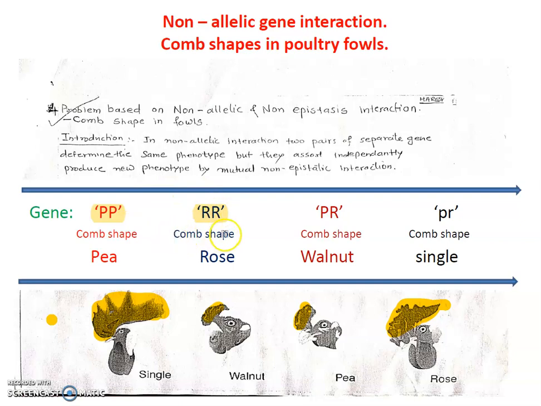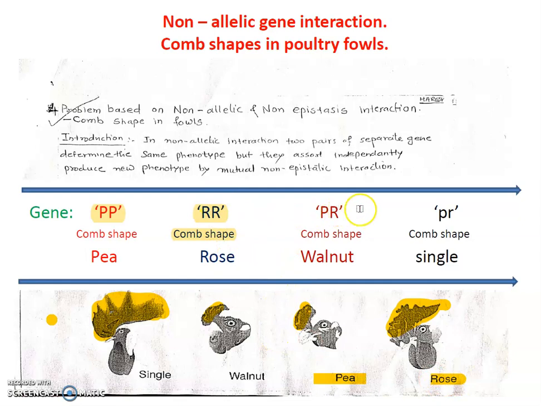If only P gene is dominant, at that time the P type of comb shape develops, this one. And if only R gene is present and P gene is in a recessive form, at that time the rose type of comb shape develops.